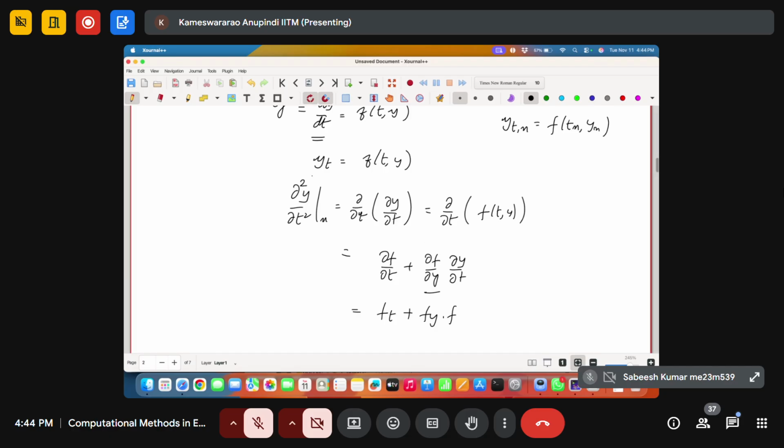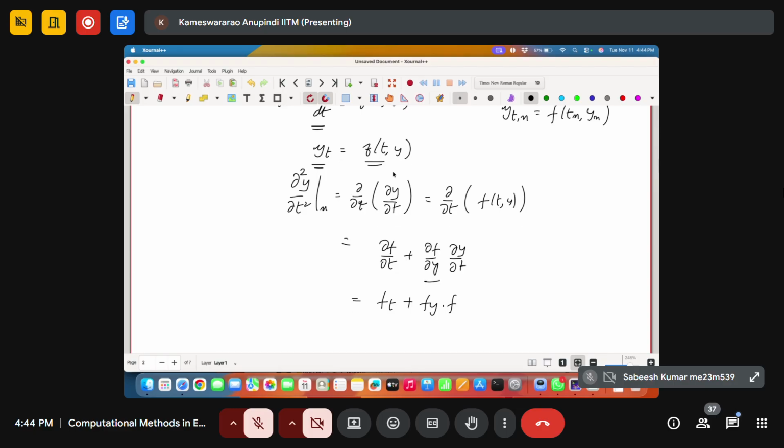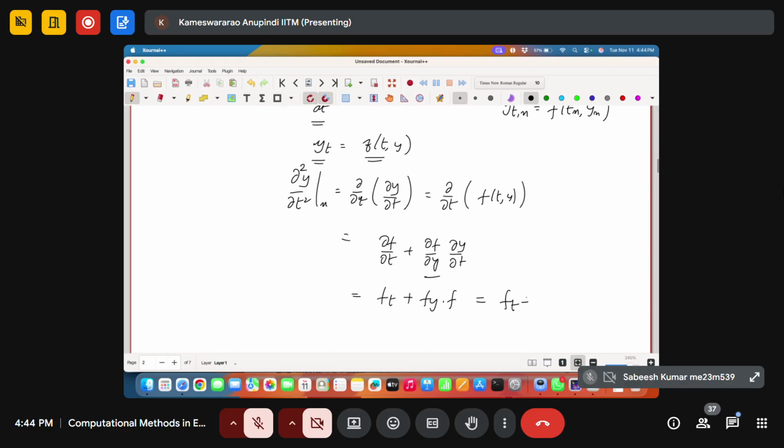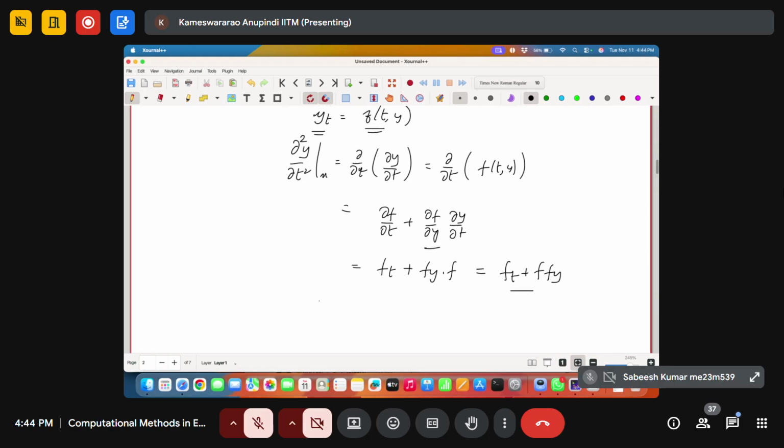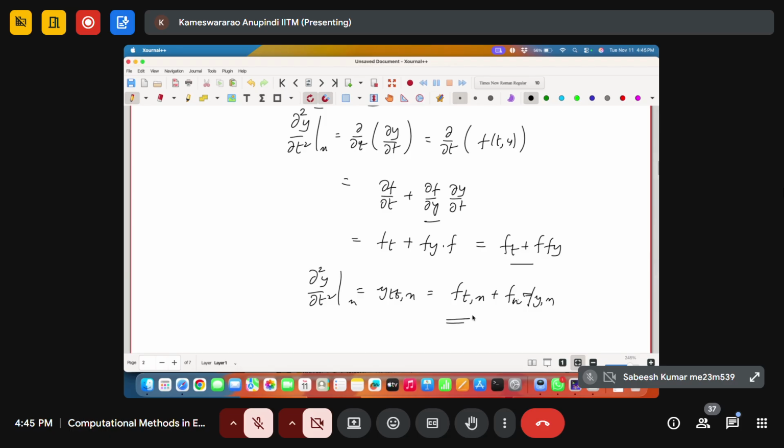Because we just wrote dou y by dou t equals f, that is given in the problem. That means this is equal to f sub t plus f times f sub y. Okay. Then if you were to evaluate at n, dou square y by dou t square, that is ytt comma n, is nothing but ftn plus fn times fyn, right? So that is what we have.